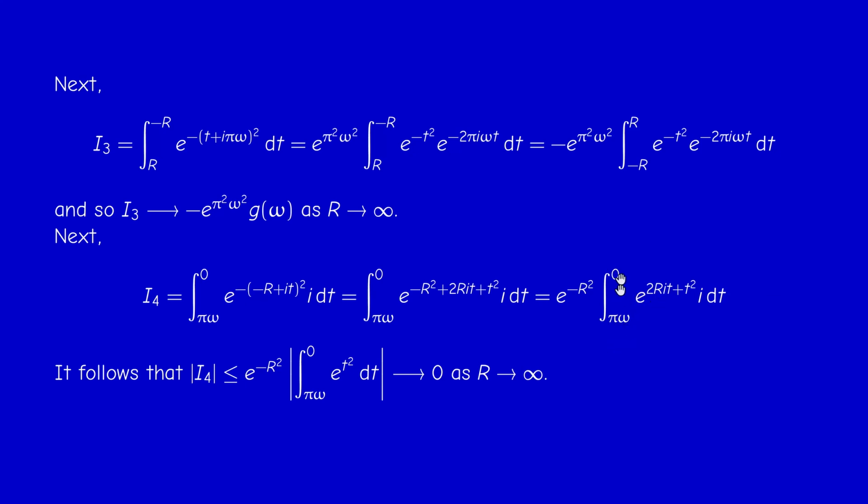Of course, we can change the orientation. But at any rate, you can convince yourself that this is just a constant. The integral of the modulus is a constant that depends only on omega. This term has modulus 1 once again. So in conclusion, the fourth integral also tends to 0 as r tends to infinity.